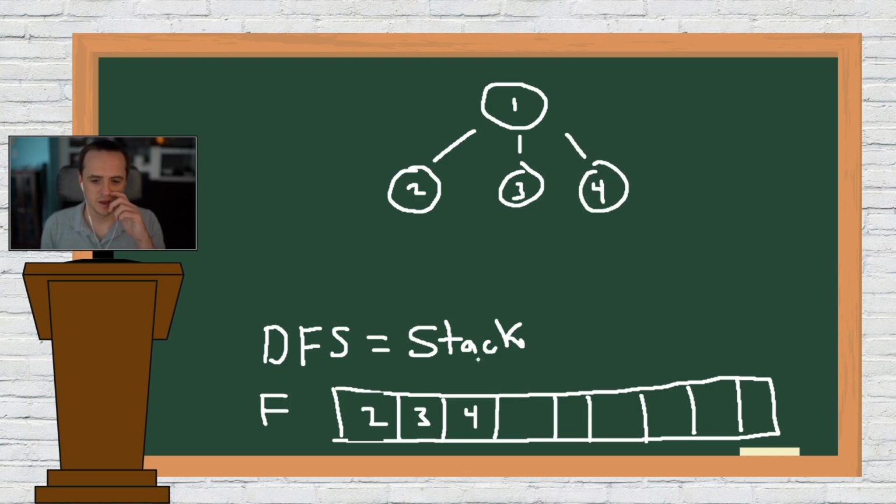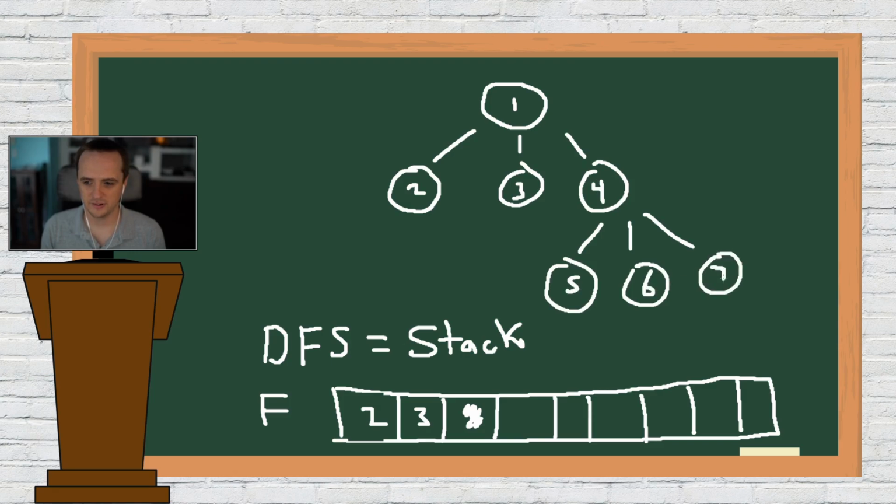Now, DFS is popping from a stack when it chooses which one to generate next, right? So I'm going to pop off the last one because stacks pop off the end, all right? So here, I'm going to take 4 and expand it into 5, 6, and 7.